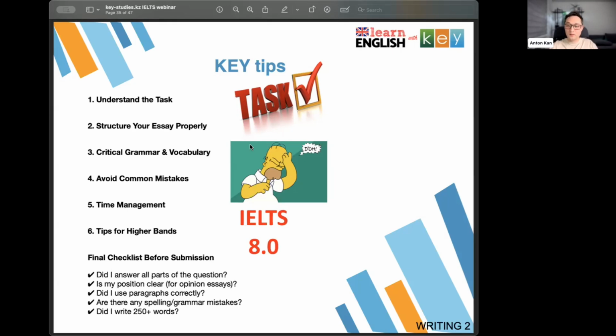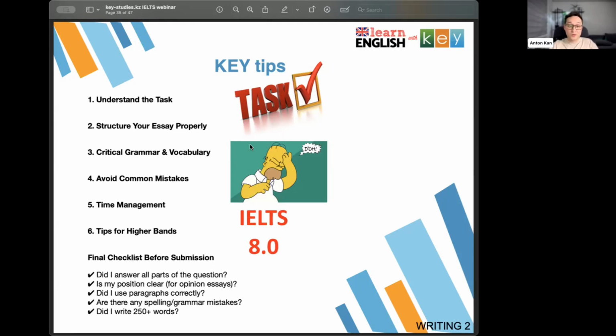For example, significant impact instead of big effect. Don't forget about linking words like furthermore, however, consequently, moreover, and so on. Try to use less common ones. In band descriptors, they are called cohesive devices, but basically the same. Linking words, cohesive devices, all the same.